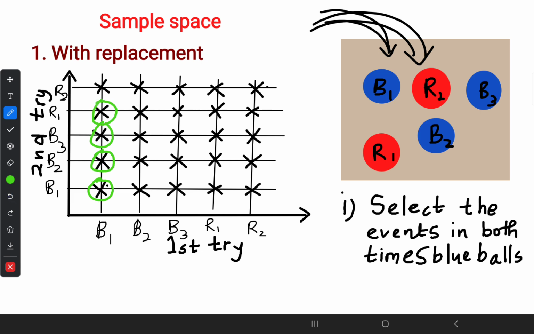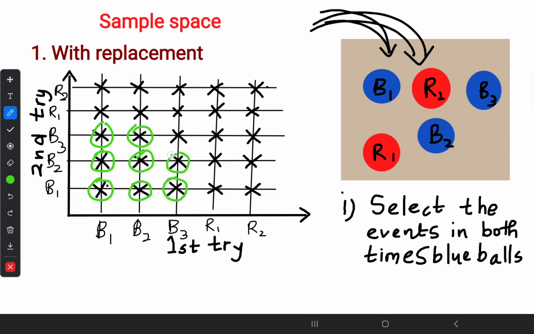When you think about this probability, first time I am getting blue, second time I am getting red. We don't want that probability. We only need the probabilities that give blue balls in both occurrences. So when you select here first time blue, second time red, we don't want that. This one is also possible, but first blue, second red, we don't want that. Same thing here as well.